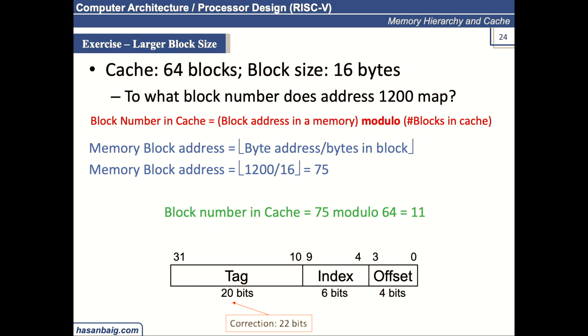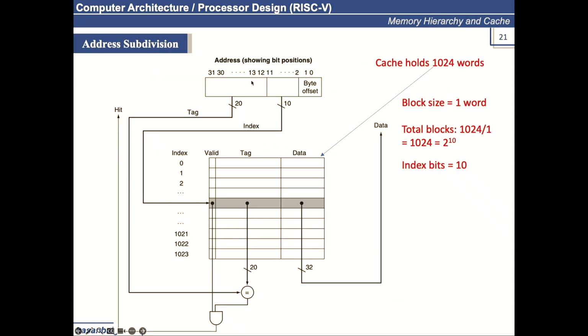What exactly is the table on the bottom? It tells you the address, what the byte offset is, and how you can access a specific byte within the block, okay? So the byte offset here is only 2 bits in this example. Why 2 bits? Because there are 4 bytes in a single word, right?